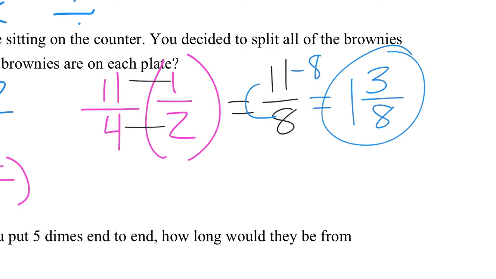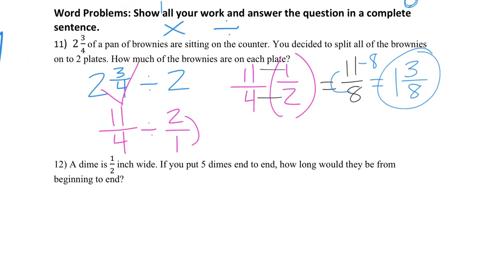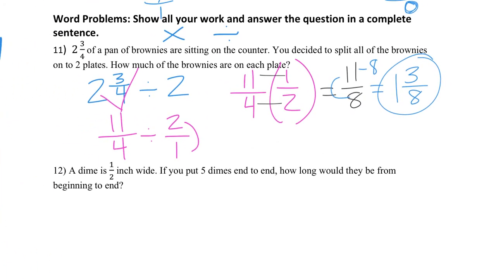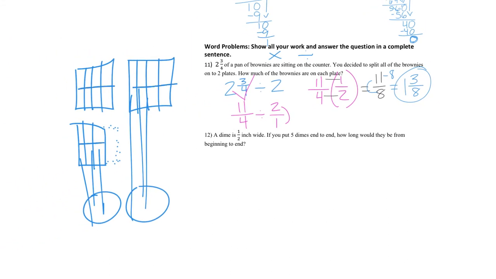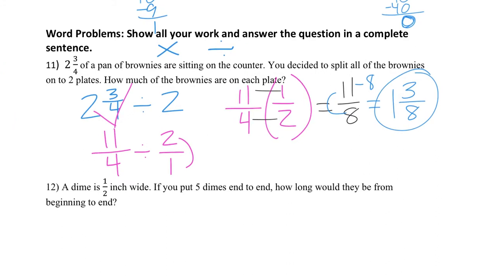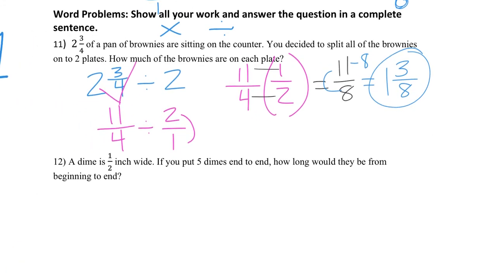Now, I'm not done. It does say we need to answer in a complete sentence. And let's check to make sure, does my answer make sense? I had this many brownies, 2 3/4. I split them in half, right, pretty much? Would I possibly then on each plate, if I split them and put them over here, would it be 1 3/8? Yeah, that makes sense. So let's go ahead and write a sentence.